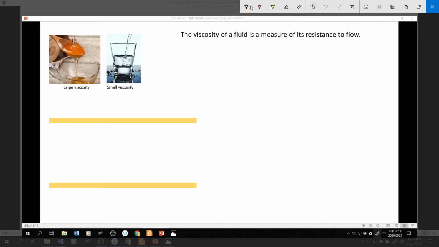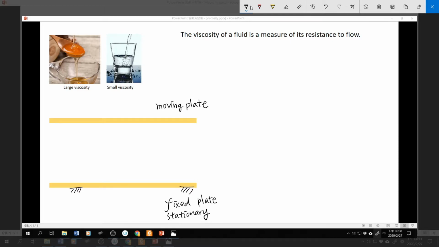The lower plate here is fixed on the floor, or you can call it stationary on floor, and the upper plate is a moving plate. I will write it here. This is the moving plate. This is the fixed plate.